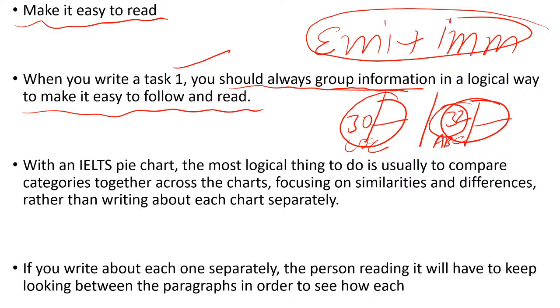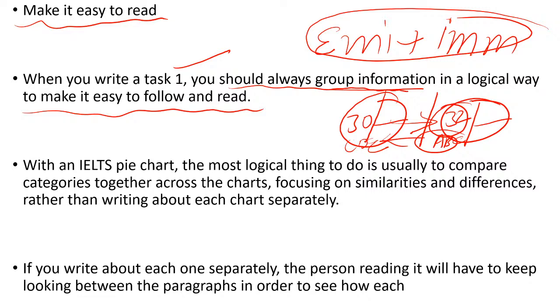So we can make a comparison of ABC with CDE, right? That's the comparison you can make between these two things, because the numbers are quite similar. So that is the way of being logical about the information that you will represent.